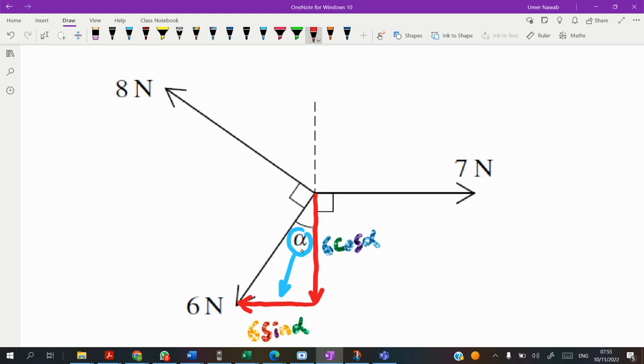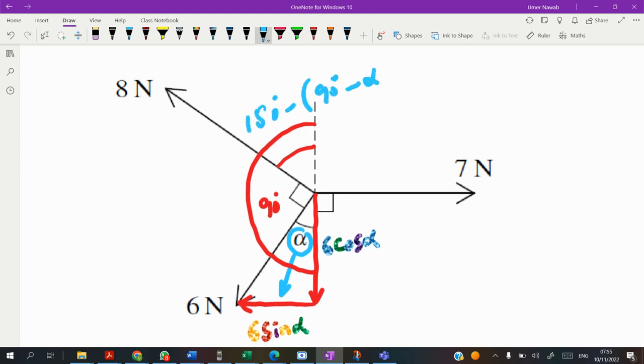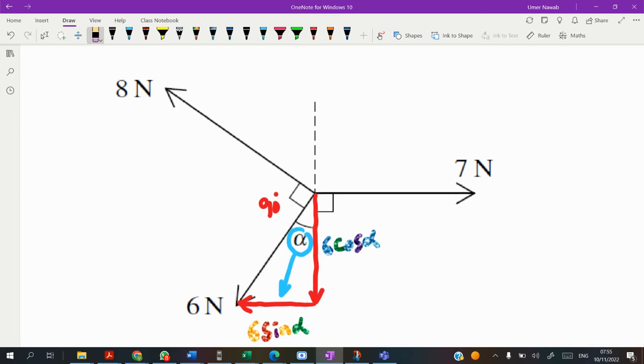Okay, now as you see, this is alpha, this is 90. How much should this angle be? Because you remember that the total angle is 180. So this angle should be 180 minus 90 minus alpha. When you open the bracket, it will give you 90 minus alpha. Can I make a right angle triangle here?